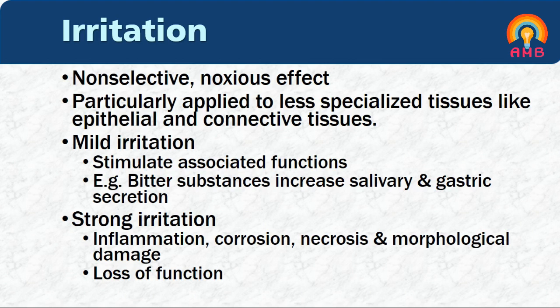For example, strong ammonia is a very strong irritant. If you try to inhale or smell strong ammonia, it will strongly irritate and damage the nasal mucosa. After that, you cannot smell anything for the next 2 to 3 days. That much strong irritation can be produced by strong ammonia solution.